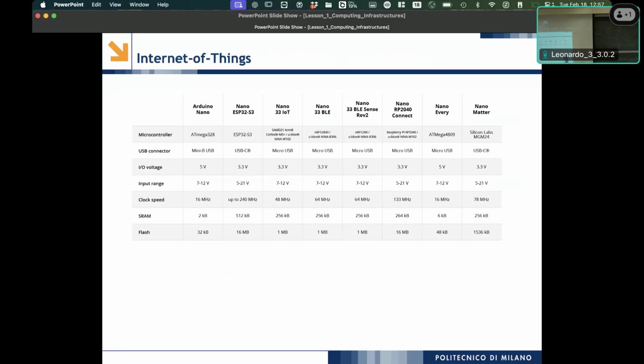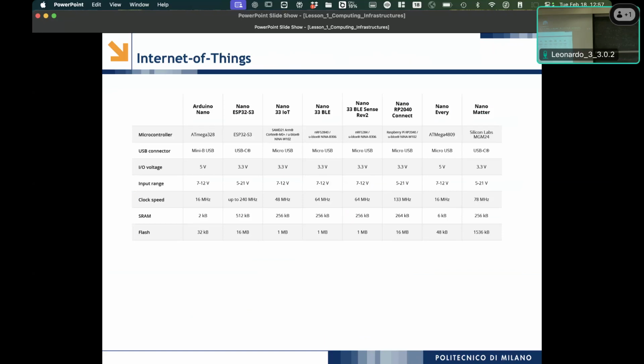All the devices here have less than 1 megabyte of RAM, and about a few megabytes of flash memory, which is your storage. On the flash you usually store your application. If you have to save some permanent data, you can save it on the flash memory, but you have a severe limitation here. Here we are even below kilobytes.